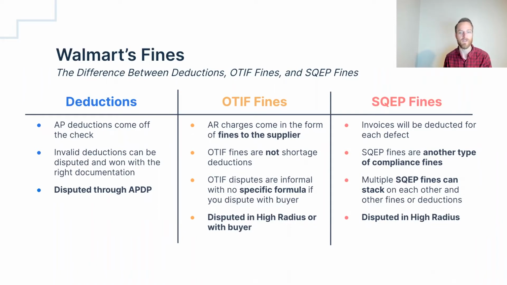You could still have an outstanding OTIF charge for that same PO, even if you successfully fought the AP deduction. So that's the key here: these are all different charge types, and they're all pretty independent of each other, and they can stack up on you even on the same orders.